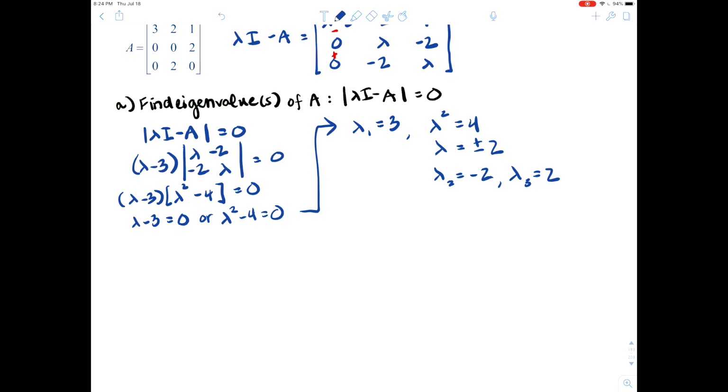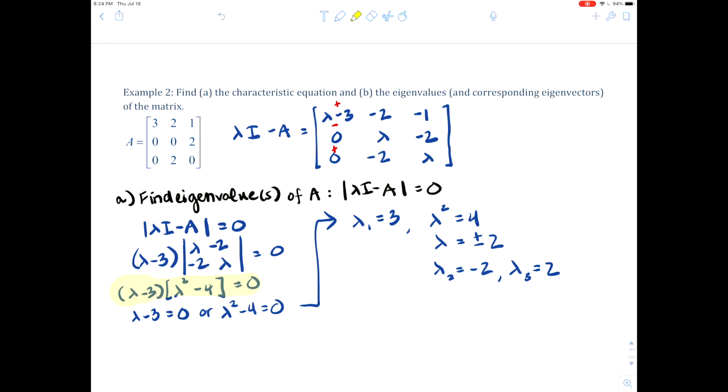Awesome. All right, so now what's our next job? I think I went a little bit beyond, right? The characteristic equation is what? Beautiful. So right here was our characteristic equation. And so we're done with part A. All right?